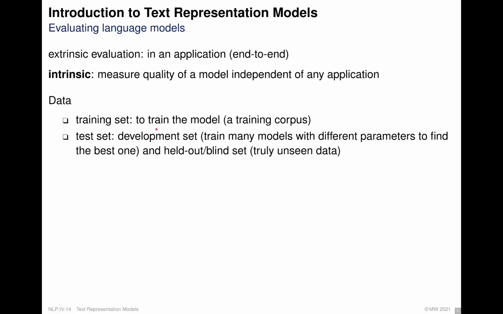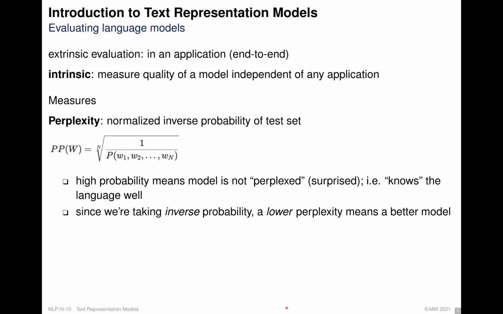So you train a model, test it on the development set, and tune those models so that the evaluation on this portion is best. And then such a model would be evaluated on truly unseen data, the so-called blind set.